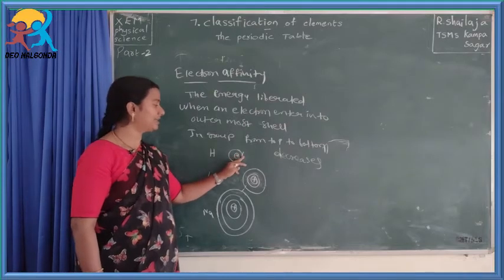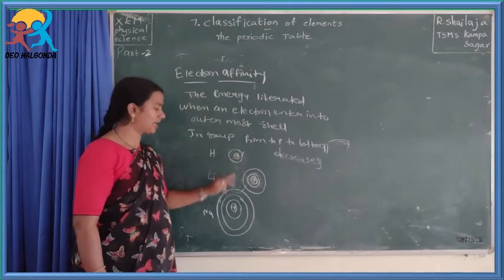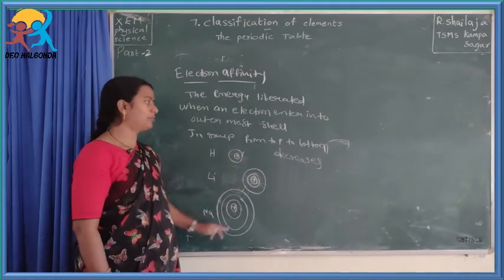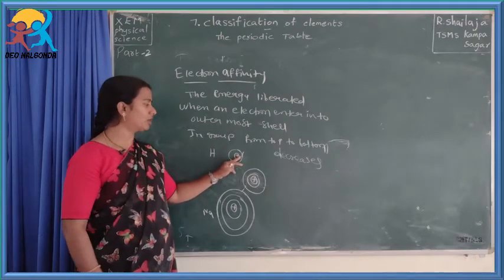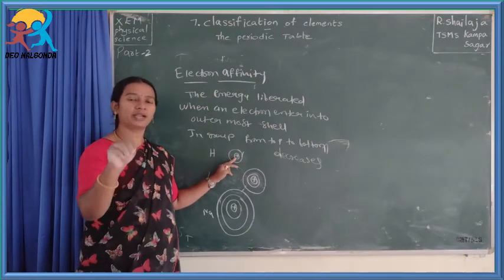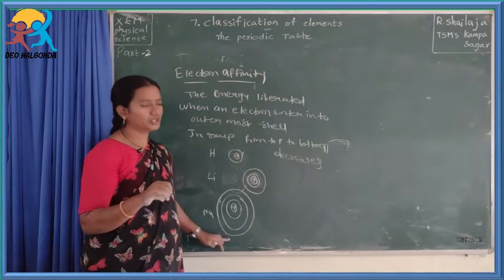So energy is liberated more in the hydrogen atom and less in the sodium atom. So, from top to bottom, the electron is accepted easily into the outermost shell in the first case, because the distance is less and the positive protons easily attract the electron.